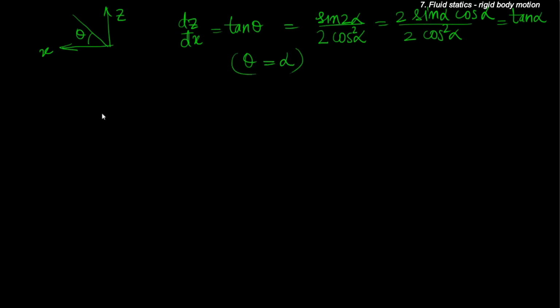This means that when a tank full of water is rolling down an inclined plane, the level of the water is aligned with the angle of the incline. So the level of water with the horizontal, this angle and this angle are identical.